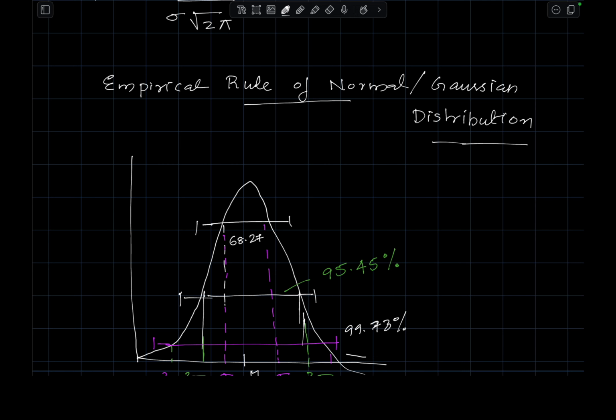Maybe I can send you the proof later. No, that's not needed. I just wanted to know whether it's a theoretical entity or purely empirical, because many times normal distribution is an ideal. You need infinite observations to have a truly normal distribution. It's just a thought that crossed my mind.